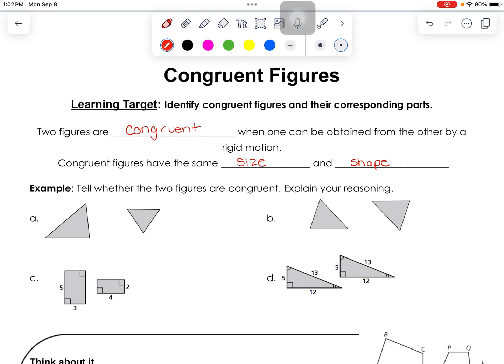Okay, so when we're looking at these examples here, it asks you to tell whether the two figures are congruent and explain. So if I'm looking at A, I can see that these are not congruent because they are not the same size. If I look at B, these are congruent because they're the same size and shape.